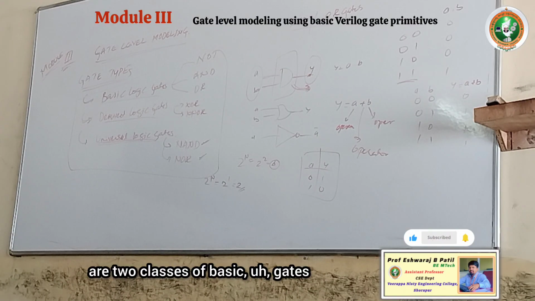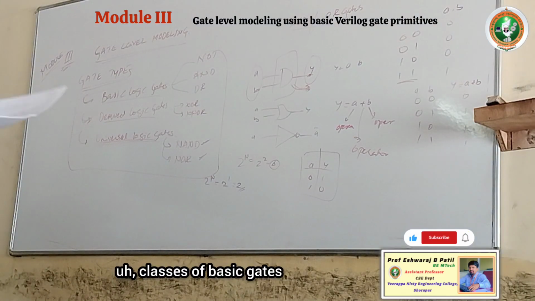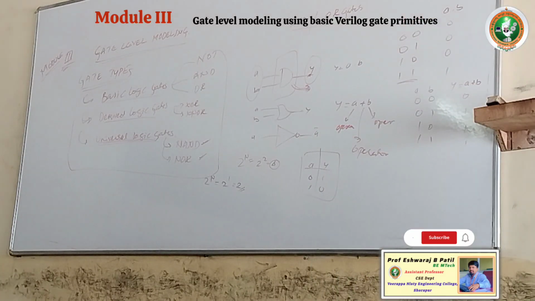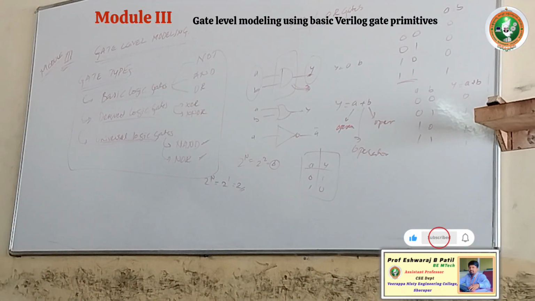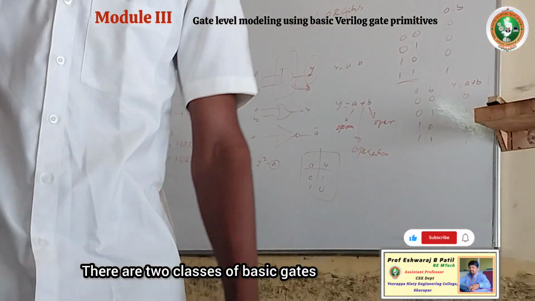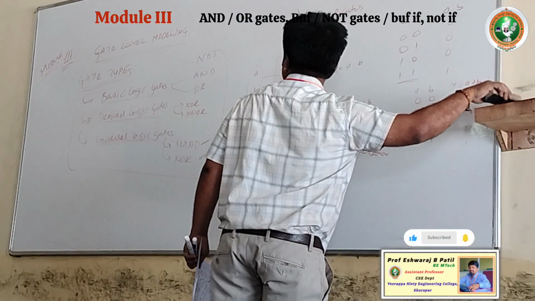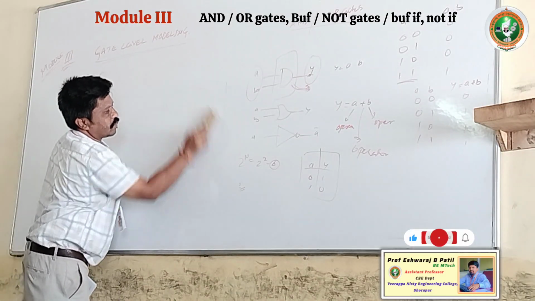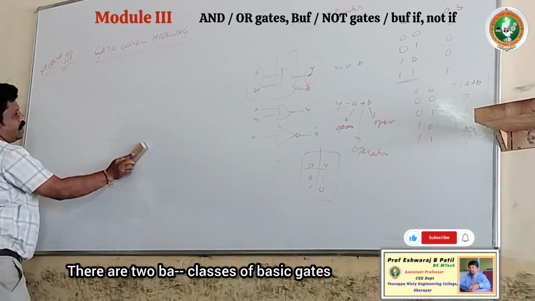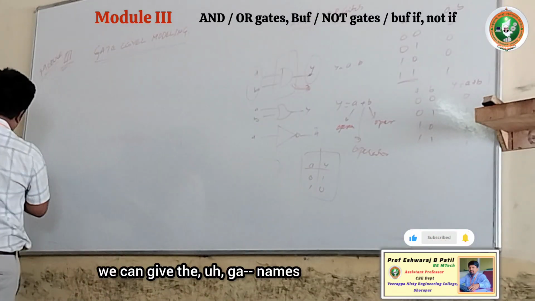There are two classes of basic gates, namely, in this basic class of gates only we can give the gate names.